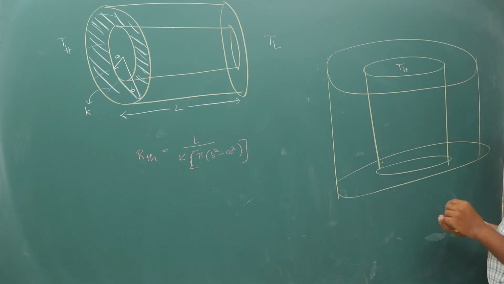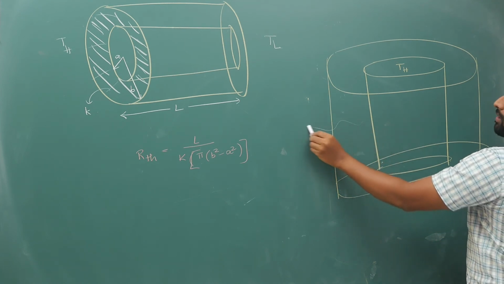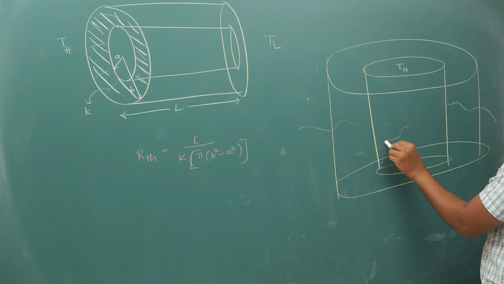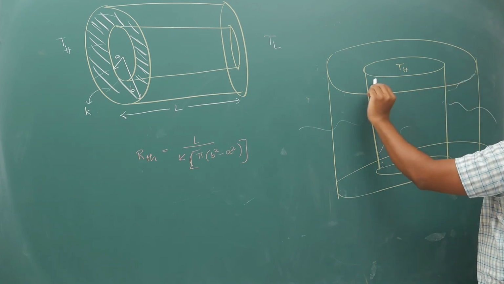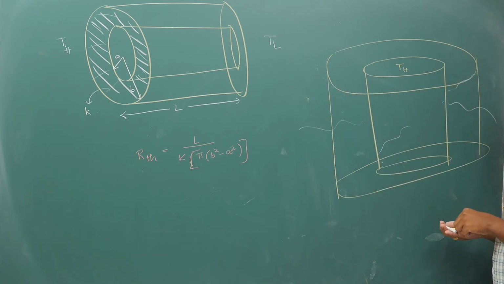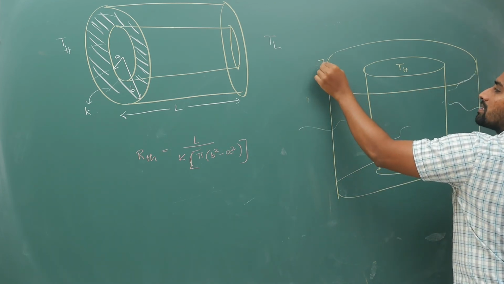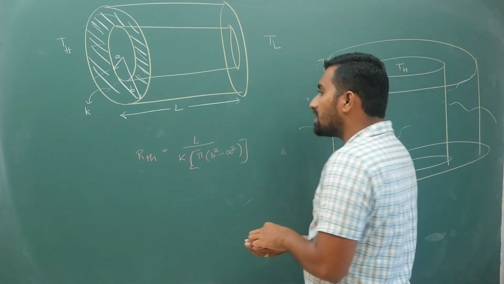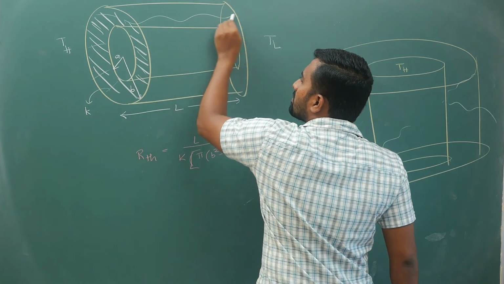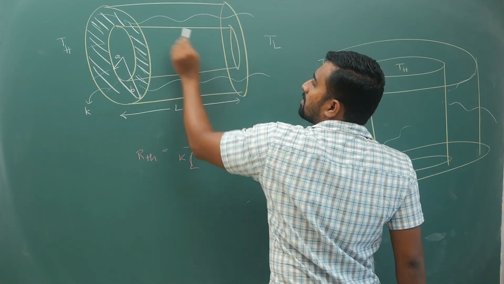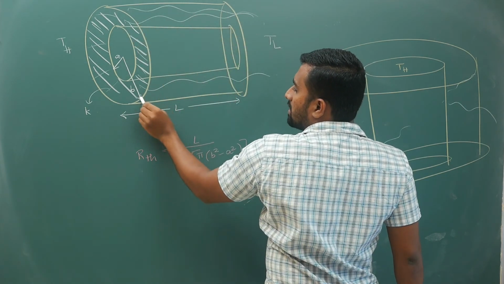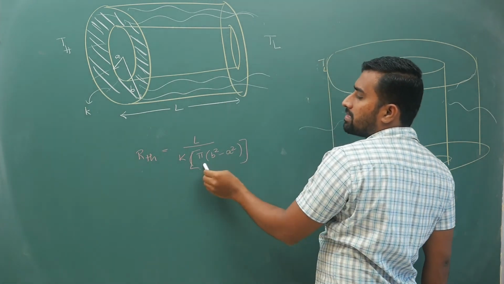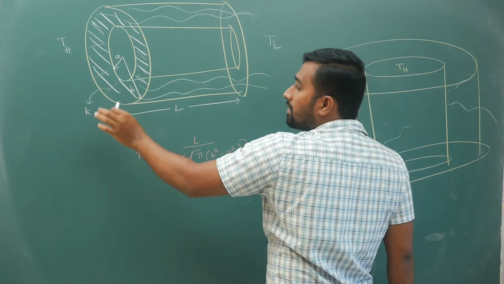That means your heat energy is coming out circularly everywhere, radially outwards. This case is different, that case is different. Here heat energy is flowing along this length, and in this area of pi into B square minus A square your heat energy is flowing.